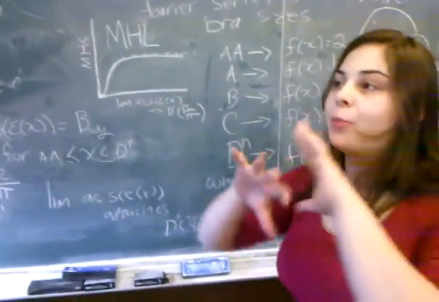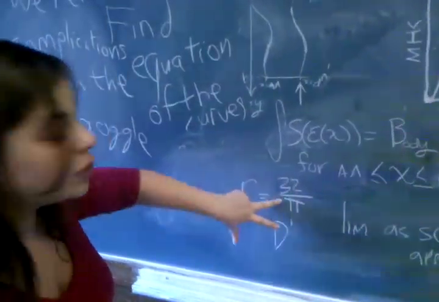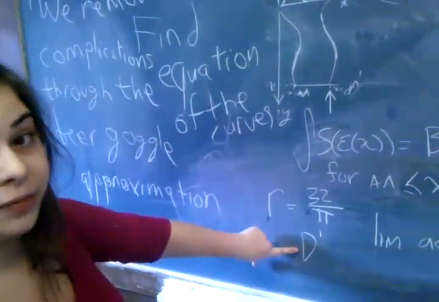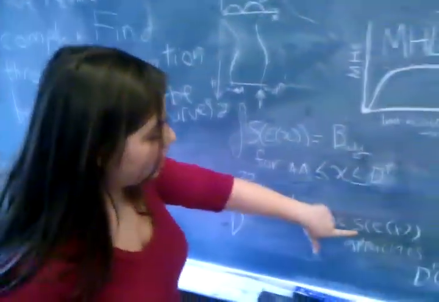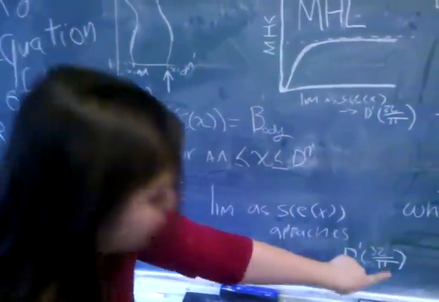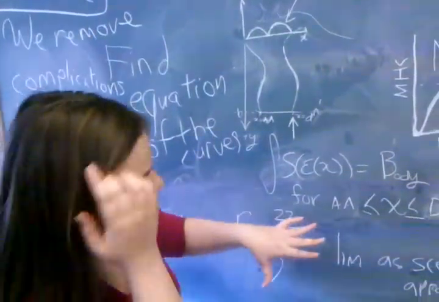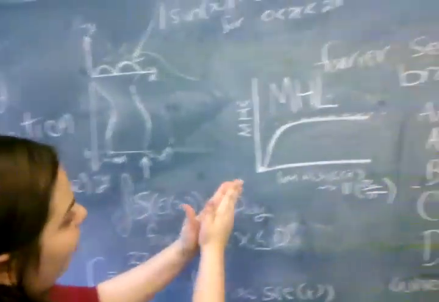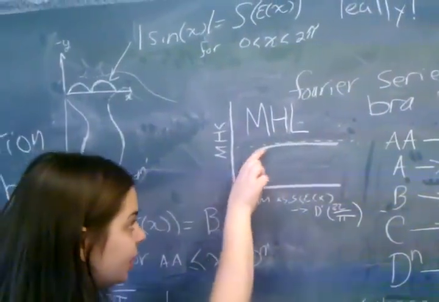Right, go ahead. So, if we define the ideal female body, we would define this as r equal to 32 over pi plugged into d to the first. Now, if we take the limit as s of e of x approaches d prime of 32 over pi, we can use this number, and as the limit approaches, we can calculate the male horniness level as it goes up, therefore peaking.